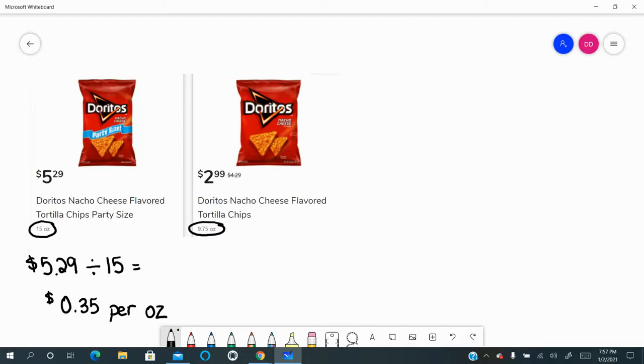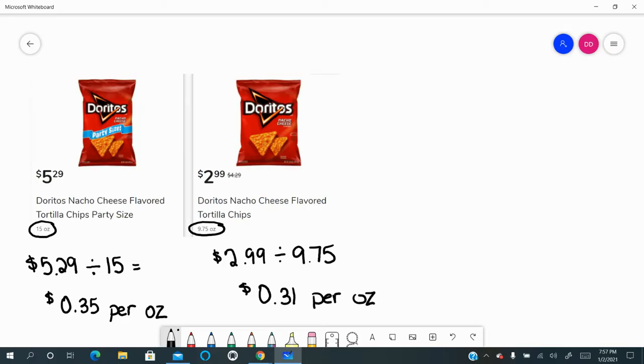So the second bag of Doritos, the regular size, I'm also going to divide those to get the unit price. And it rounds to 31 cents per ounce.